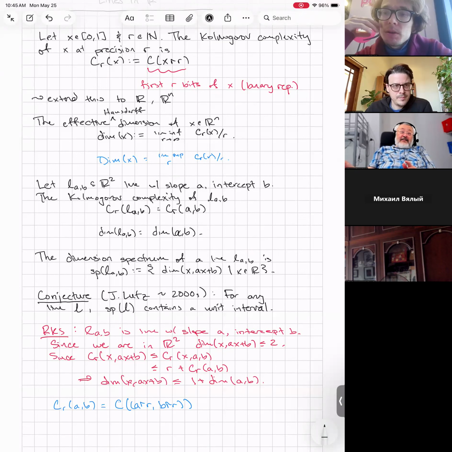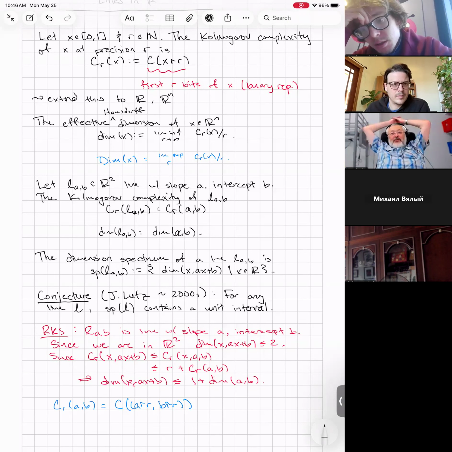And so you say if I know the first R bits of A, the first R bits of B, and the first R bits of some number X, then you know the first R minus constant bits of AX plus B. Maybe A and B also have some integer part, but it's a constant. Because of this integer part, you maybe need more. Yeah, so multiplication.